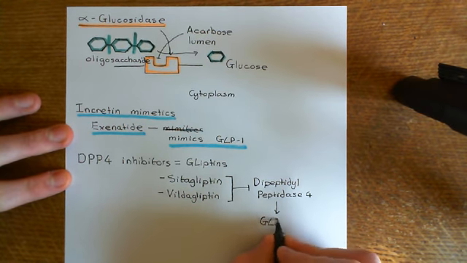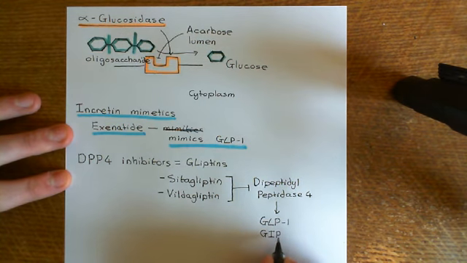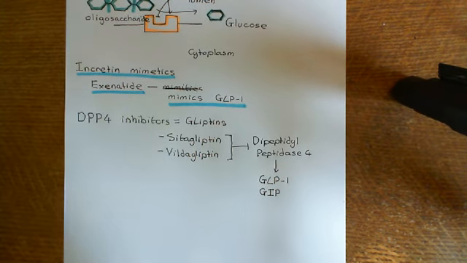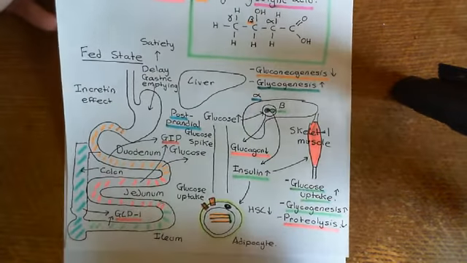Okay, so this breaks down GLP-1 and GIP. Okay, so if you inhibit this enzyme, that means that GLP-1 and GIP are going to remain in the blood for longer, and they're going to reach higher levels. Okay, so effectively what you are doing is increasing the body's own incretin effect.